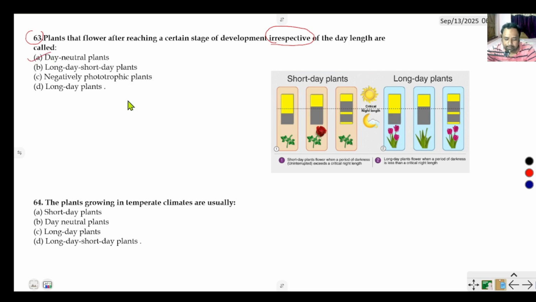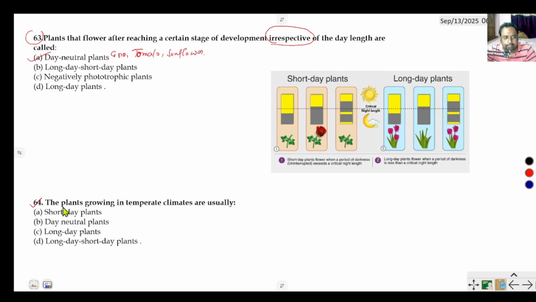Examples of day neutral plants are corn, tomato, sunflower, etc.